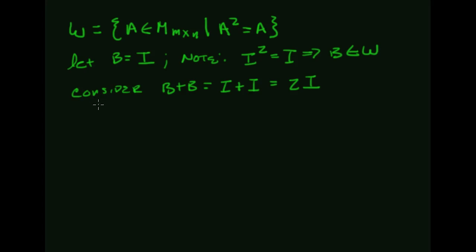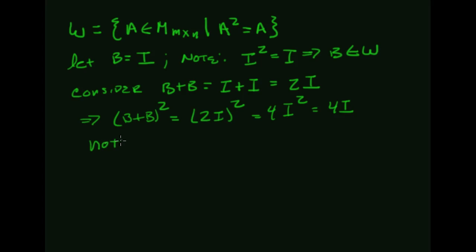So this means that B plus B squared is 2I squared, which is 4I squared, which is 4I. Now, note, 4I does not equal 2I, right?